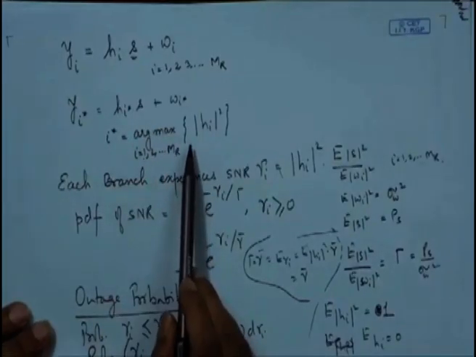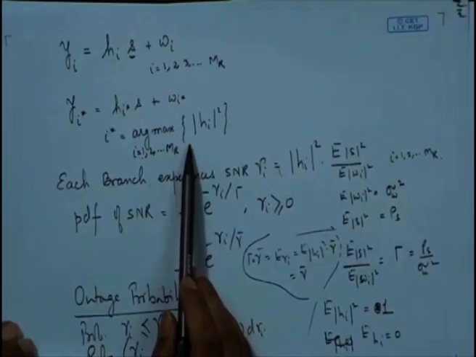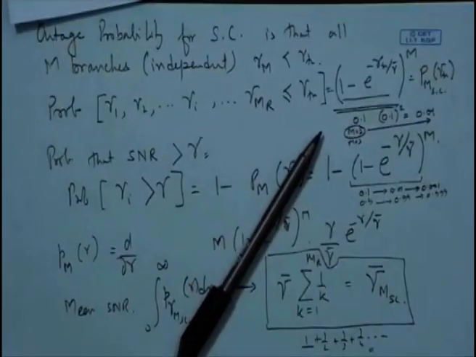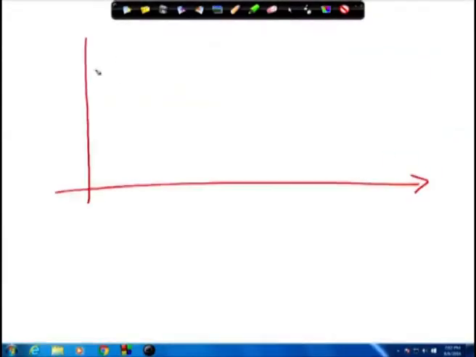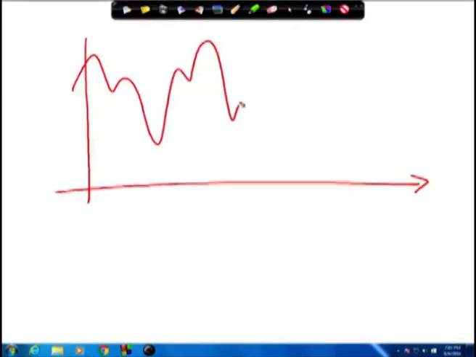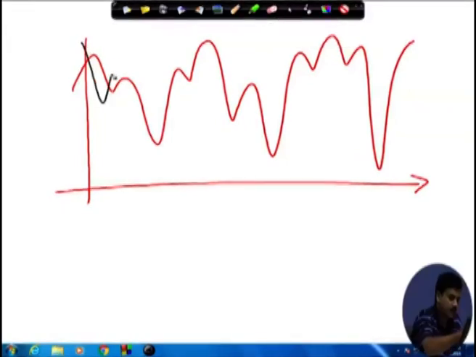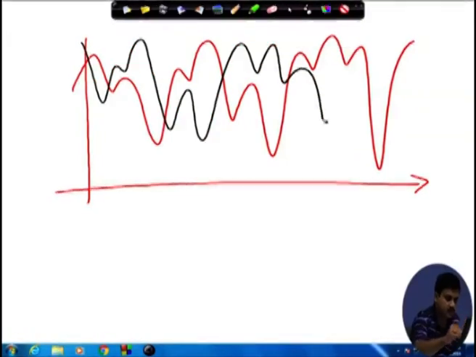So, there is a slight variation of the technique, known as switched combining. In that, if the received signal strength fluctuates, let us say like this, in one of the branches, we will take just 2 branches for simplicity. The second branch is, let us say, like this.